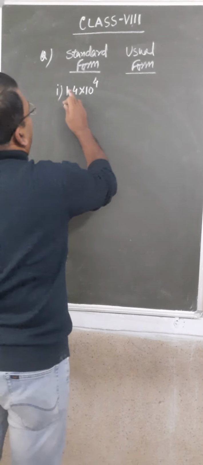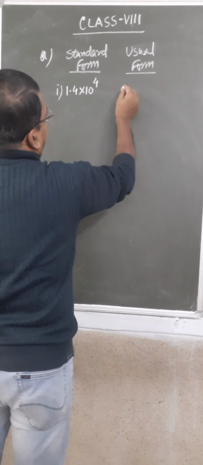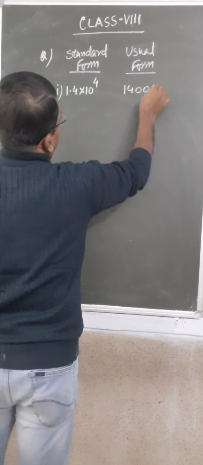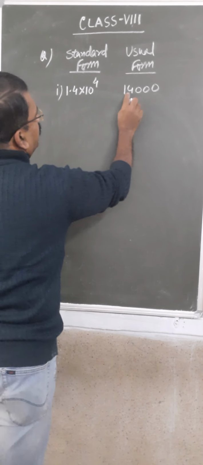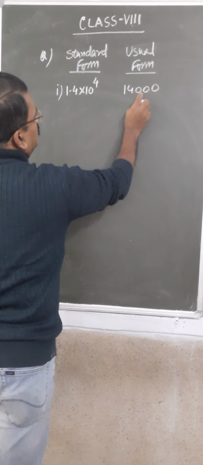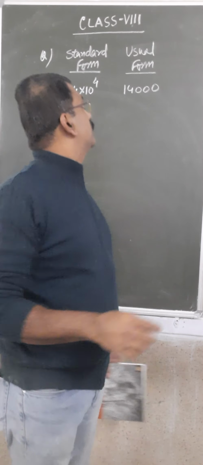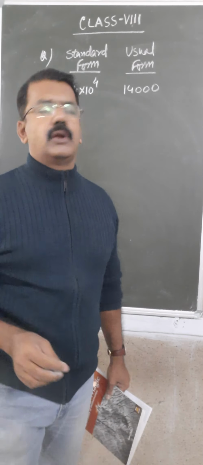It means the decimal has to be shifted 4 places towards the right. So it is 14000. Okay, because the decimal was here initially. So 1 place, 2, 3, 4. It is shifted 4 places. So 14,000 is the number in usual form.